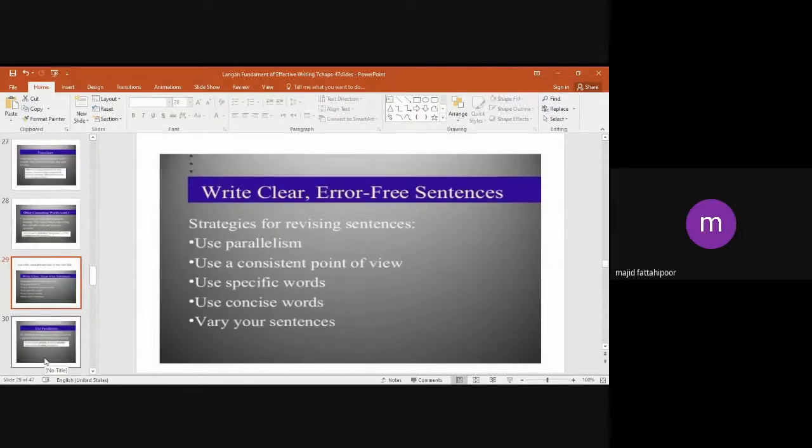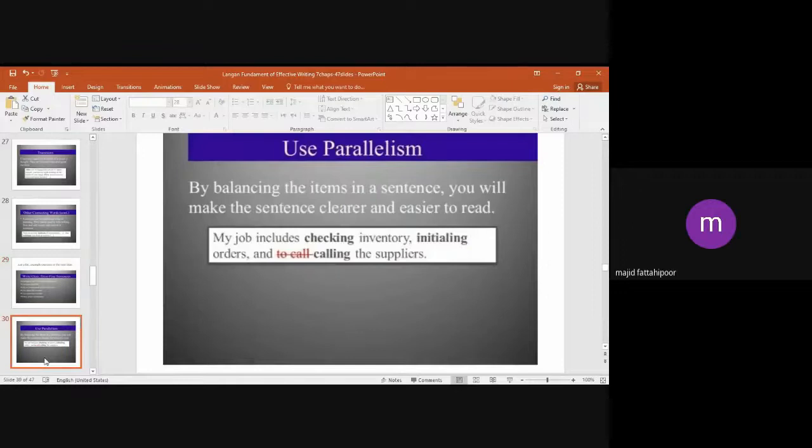And the strategies for revising sentences: when you want to revise sentences at the revision stage, not at the beginning stage. Okay, I emphasize again, not at the beginning stage. At the revision stage, you can pay attention to parallelism, consistent point of view, using more specific words, using more concise words, and varying your sentences. What is parallelism?